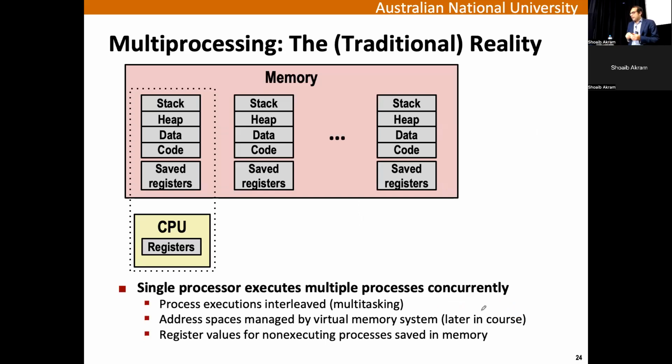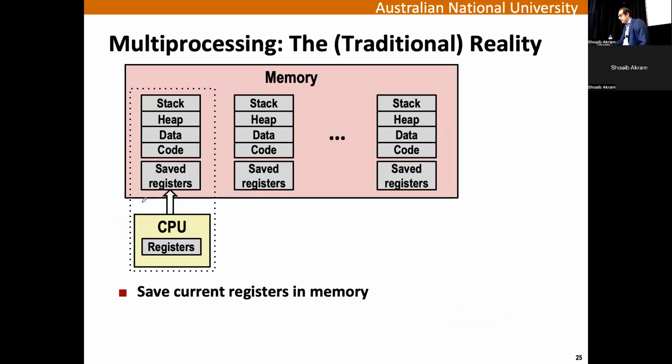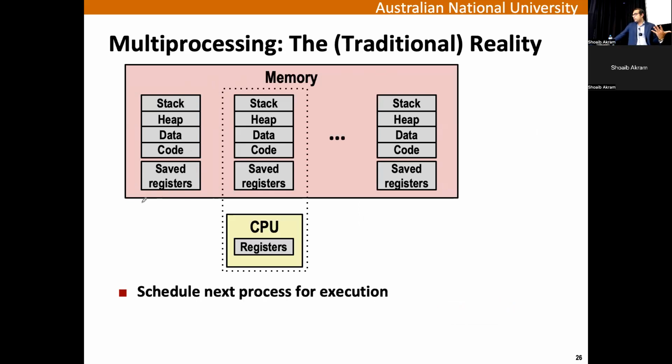So we have the context: stack, heap, data, code, saved registers, but we only have one physical CPU. So what we do is we save the current registers, we save the context in memory somewhere, and we move to a different process.